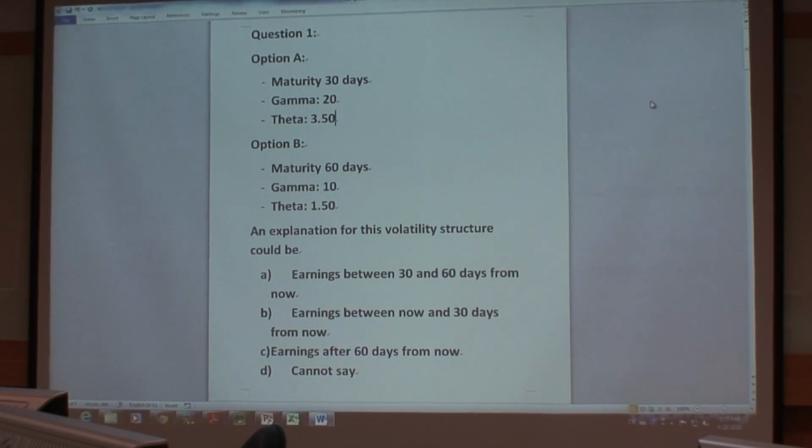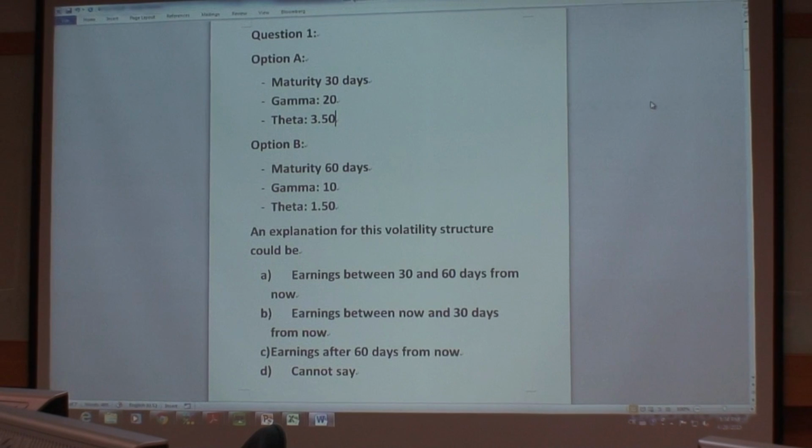So if I would get 20 gamma for 350, that actually is more expensive than getting 10 gamma for 150. Because if I would sell option A one time, buy option B two times, I would be gamma neutral, because I own 20 gamma from the two options B. I'm short 20 gamma from option A, so I'm gamma flat.